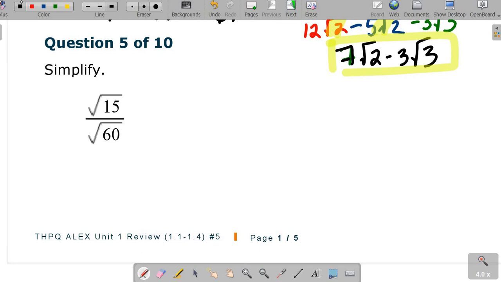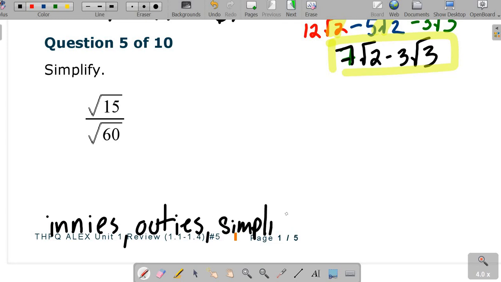When it comes to simplifying radicals with multiplication or division, you follow this process, what I call innies, outies, simplify. Step 1, we see if we can reduce what I call the inside of the radicals, or innies, which we can, because 15 goes into 60 directly. So we end up with root 1 over square root of 4.